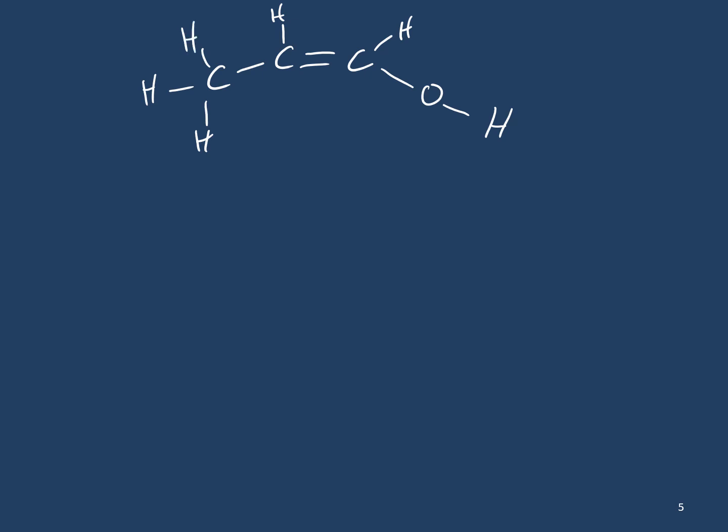So let's say I have this structure and I want to figure out, hey, all these bonds are due to overlapping orbitals.